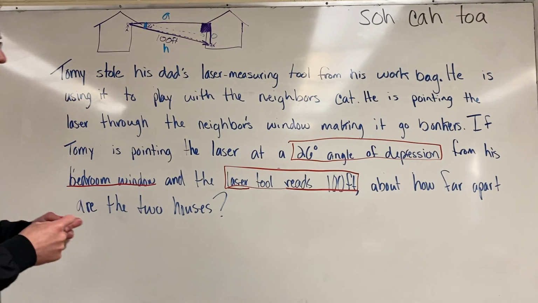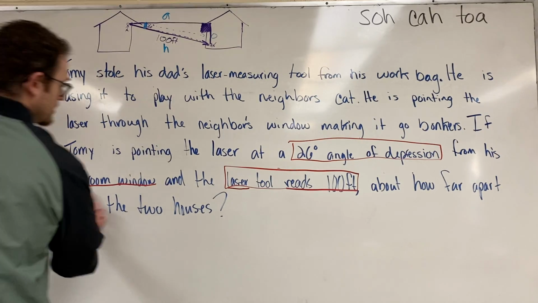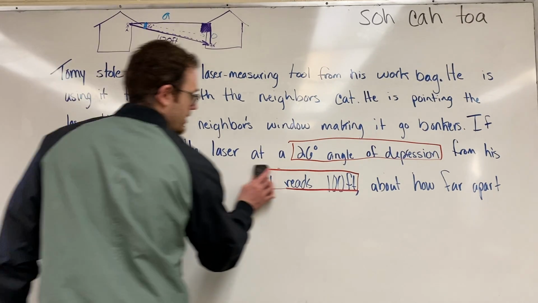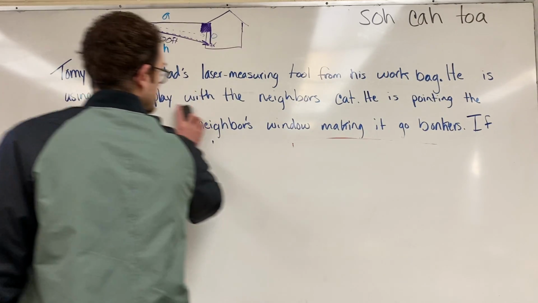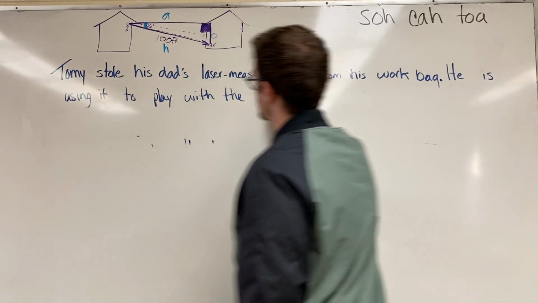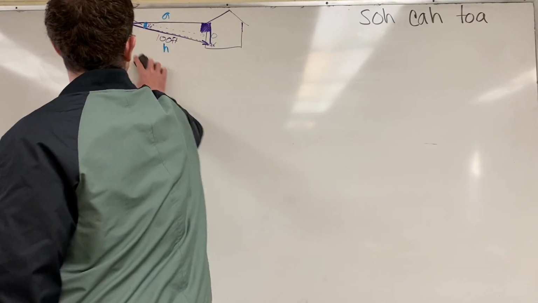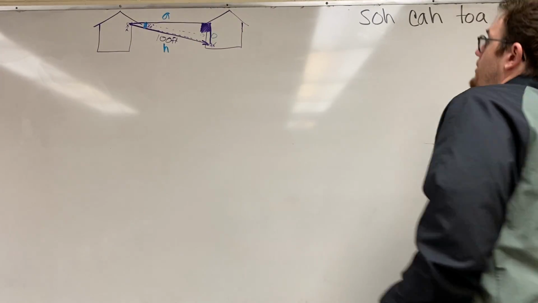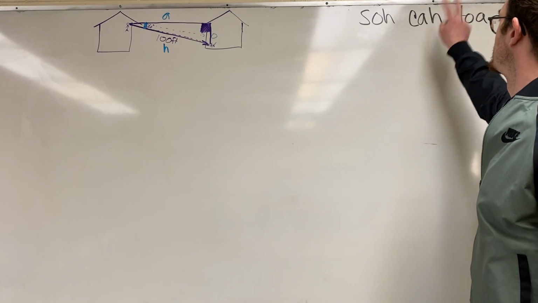So, I'm gonna erase the story problem, which took me way too long to write. And we're gonna actually do the math to solve this. So, we have hypotenuse and adjacent.